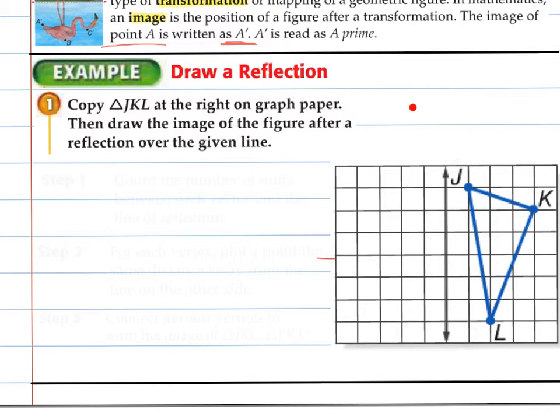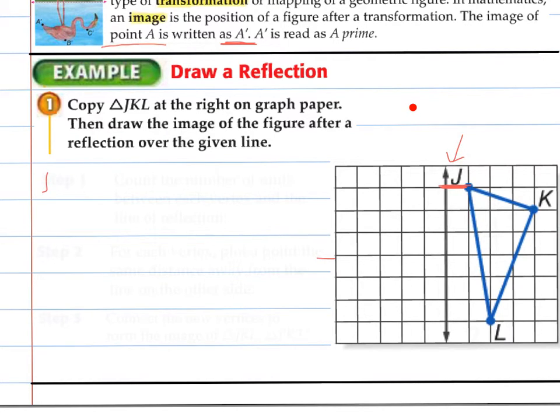Then we're going to draw the image of the figure after reflection over the given line. So we're reflecting it over this line, it would seem. The first step is to count the number of units between the vertex and the line of reflection.